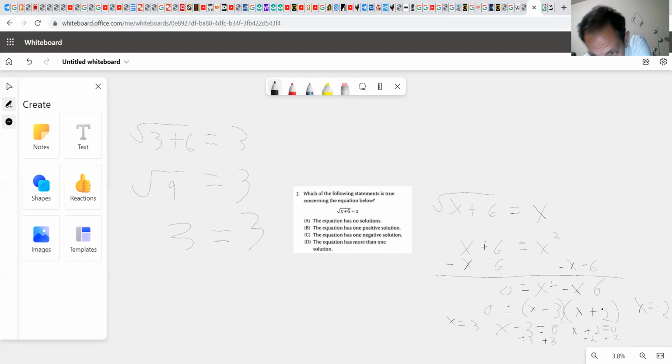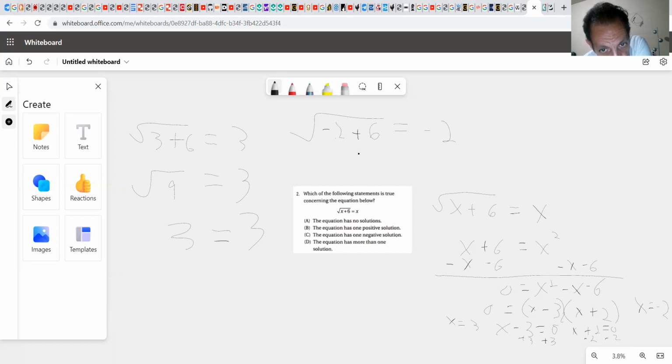Now we came up with this negative 2 as a solution. So let's plug that in and see if it works. Let's go back to the equation. The square root of negative 2 plus 6 equals negative 2.